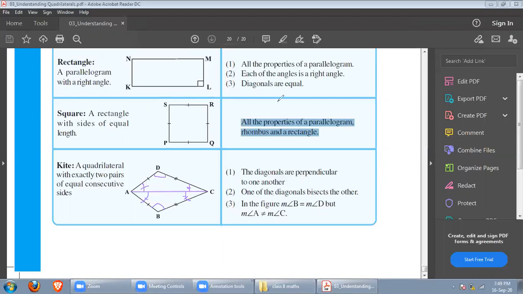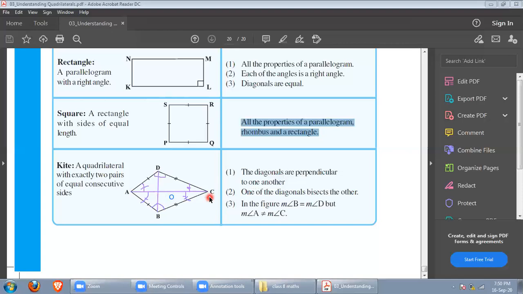Again, one of the diagonals bisects the other diagonal. If I put an O here, you can see this is the O. OD will be equal to OB, but OA will not be equal to OC.